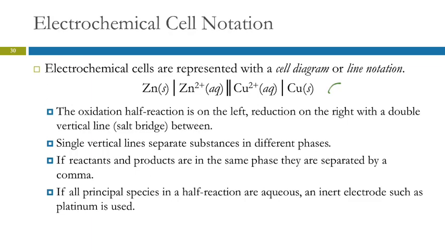So the reactions that are occurring there, we've got Cu2 plus plus 2 electrons going to copper, and over here we have zinc going to zinc 2 plus plus 2 electrons. So the order here represents reactant to product for the reaction occurring here, and this is reactant to product for the reaction occurring on that side.